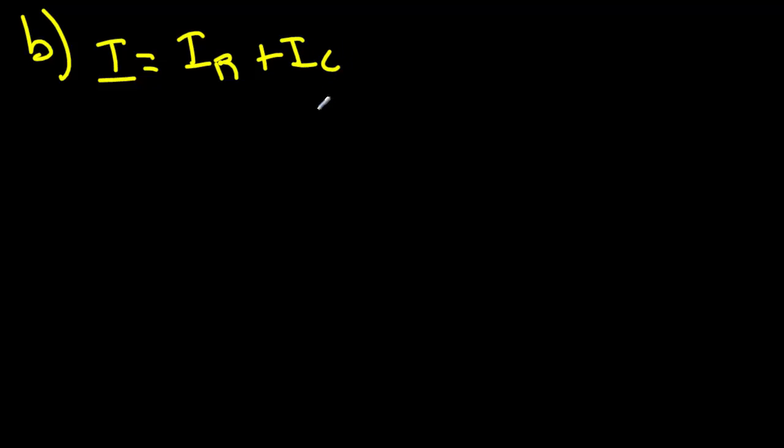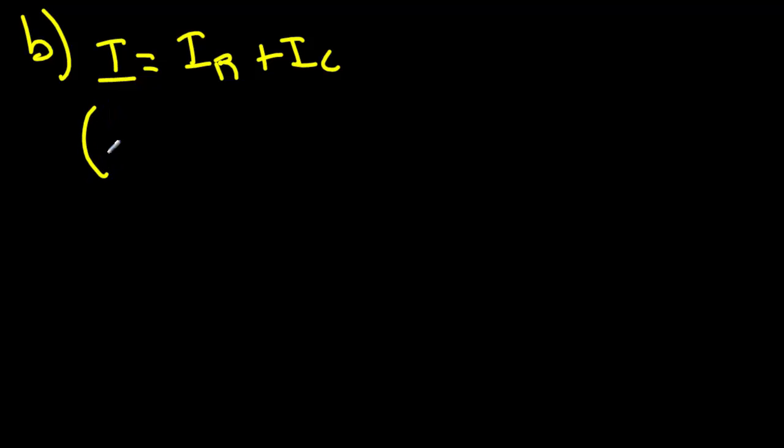Now, for part B, it asks us to find I. So I is equal to I_R plus I_C. And if we're adding the terms, the easiest way to add them is in rectangular form. So we'll rewrite our rectangular forms and we will add them together.